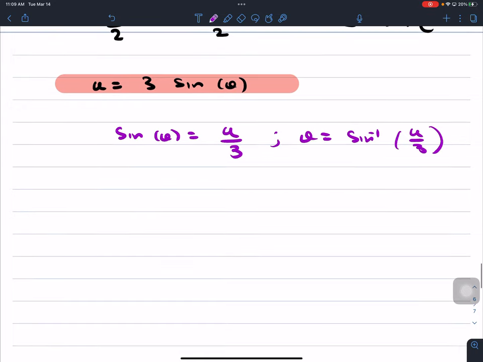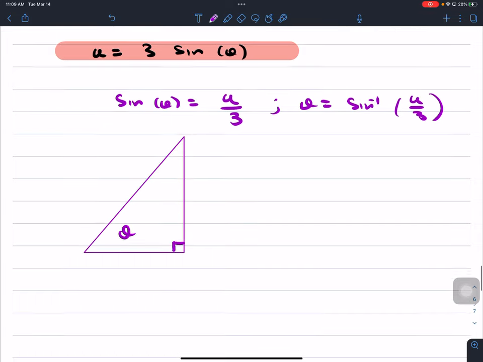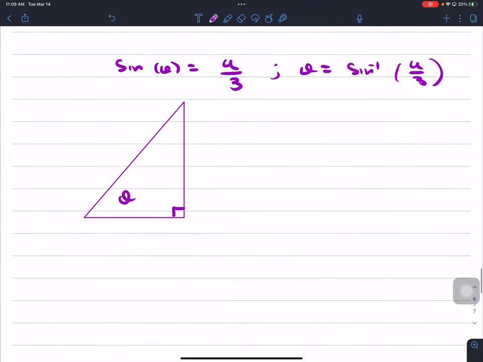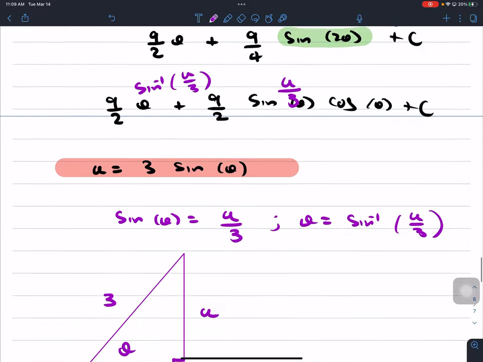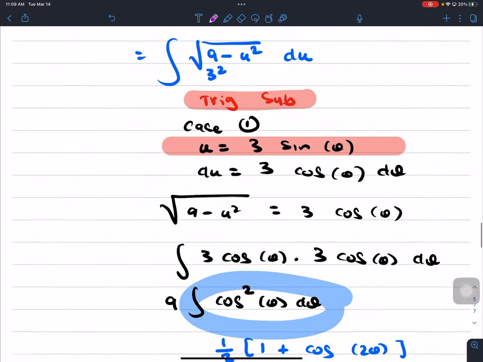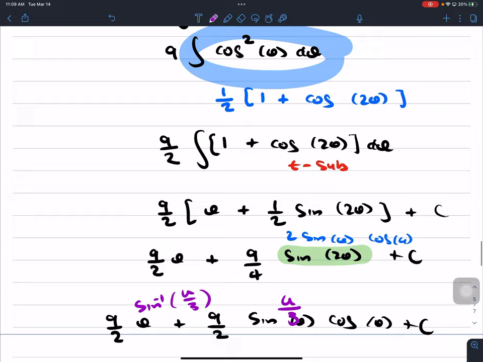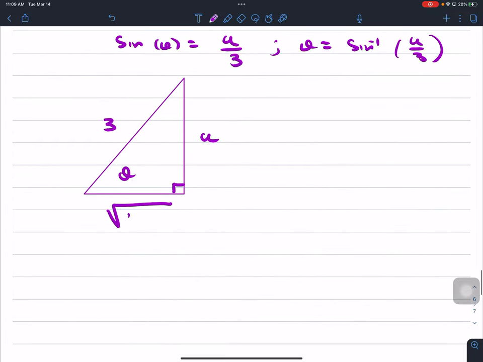But then you have cosine here. So we have sine, the definition is opposite over hypotenuse. What does that mean about this side here? That's going to be the radical, the square root of 9 minus u squared, by the Pythagorean theorem.